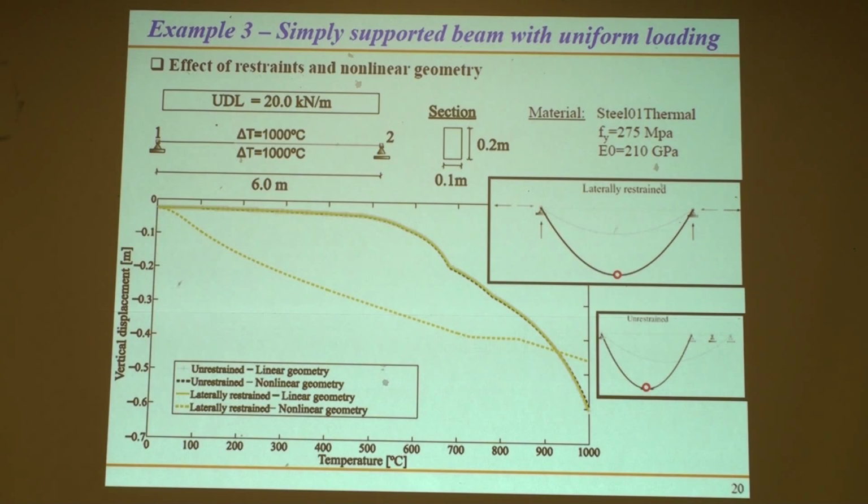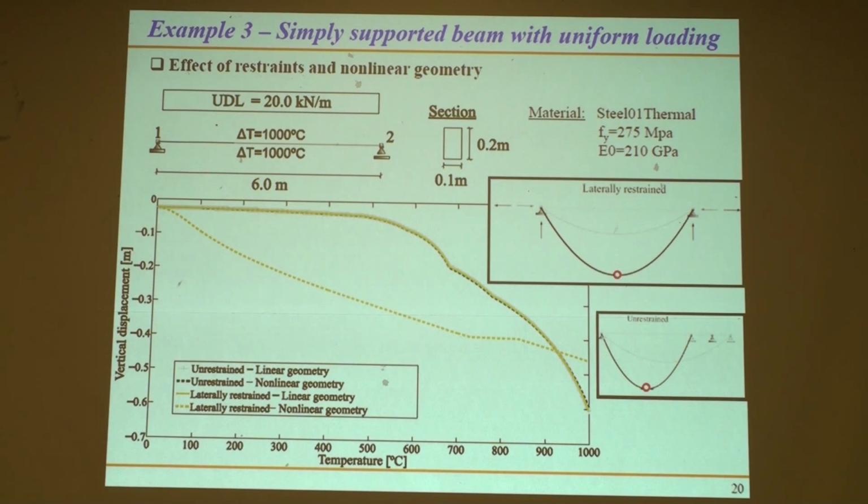And you see that in terms of the vertical displacement, for the unrestrained case and the laterally restrained case with linear geometry, they follow more or less the same vertical response.